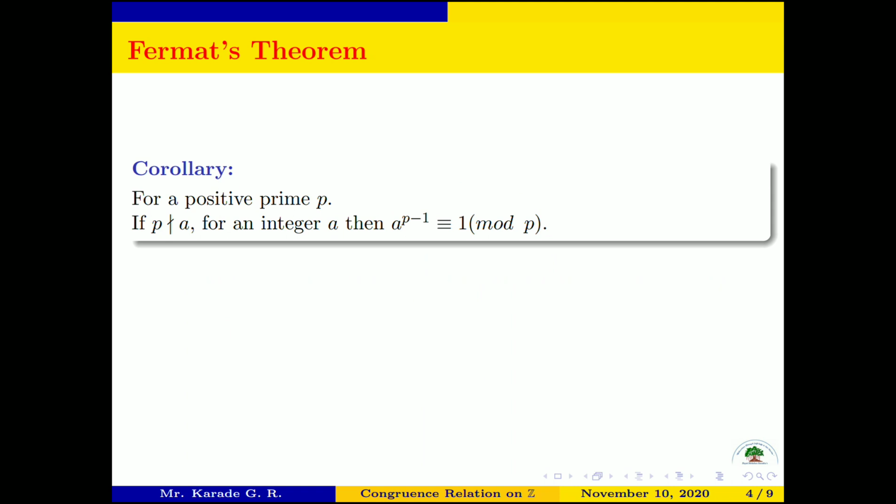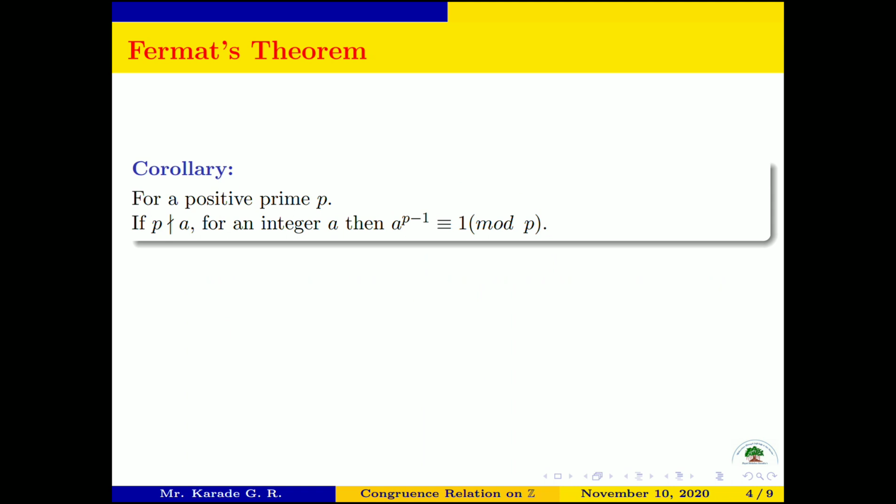Once again, for a positive prime p, if p does not divide a for an integer a, then a raised to p minus 1 is congruent to 1 mod p.